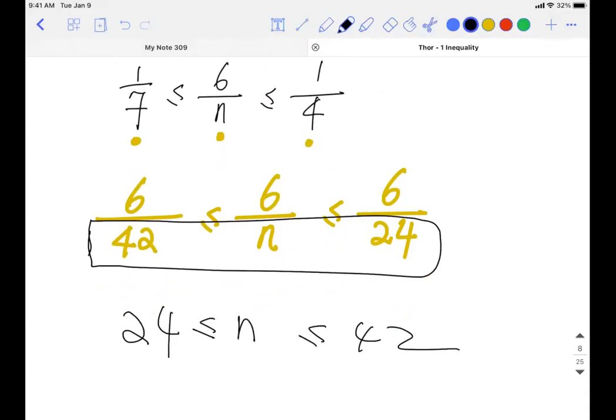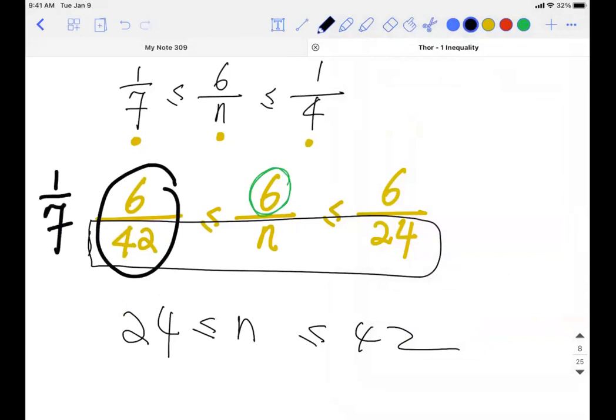A student asks: do you also have to times the middle term by 6? No, you don't have to, because the middle term already has 6. I times 6, but I didn't change the value. This one is exactly 1/7. This one is exactly 1/4.